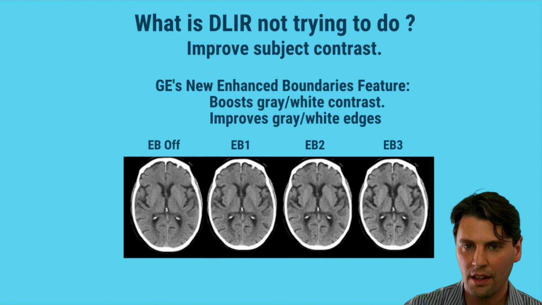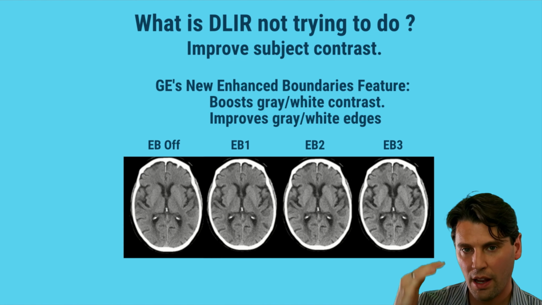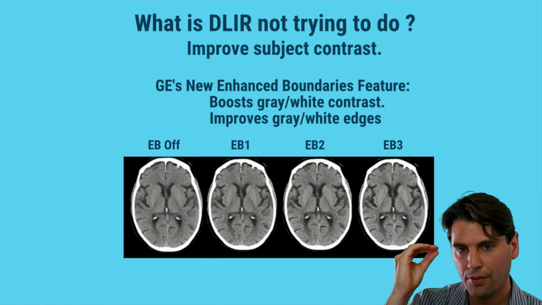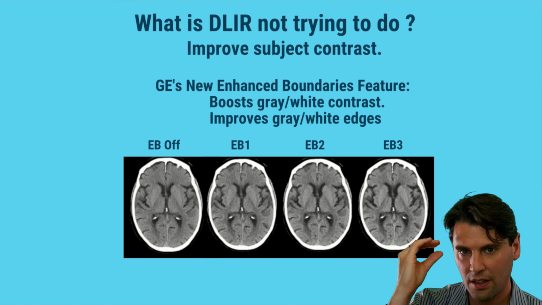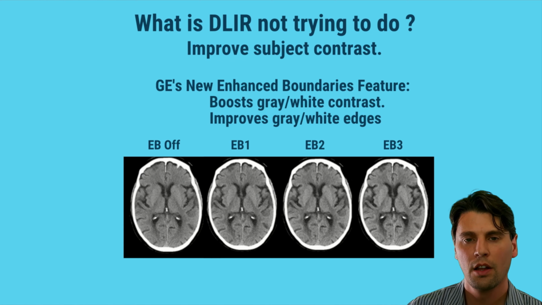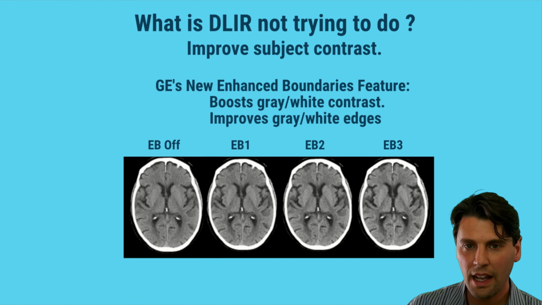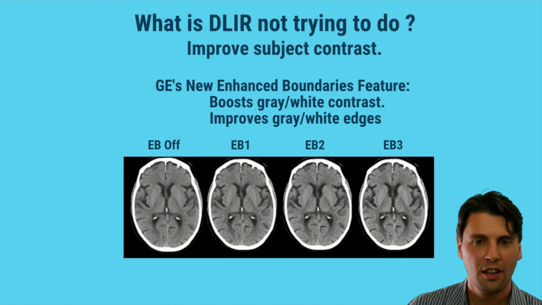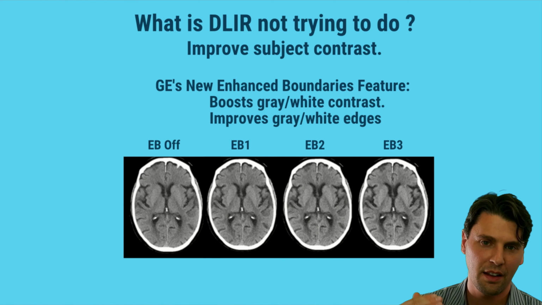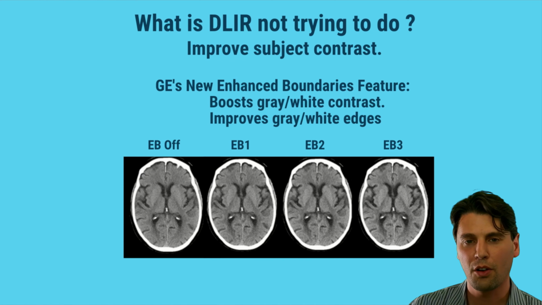For instance, in the case of neuroimaging, for improvement in the gray-white matter boundary differentiation and the CT number itself between the gray and the white matter, there are small changes that are possible within our enhanced boundary feature. And those small changes within the CT number in the image actually can lead to significant improvement in the conspicuity of the gray and the white matter in your imaging. This is just one example that we're showing here.